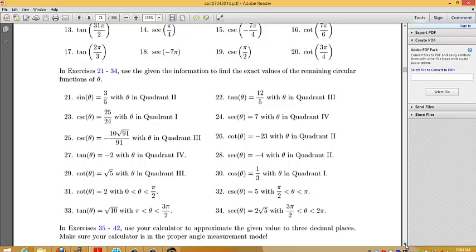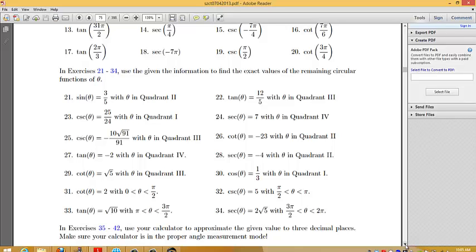Let me go ahead and use number 23 as an example. For 23, they tell me the cosecant of theta is equal to 25 over 24, and they say theta is in quadrant 1.